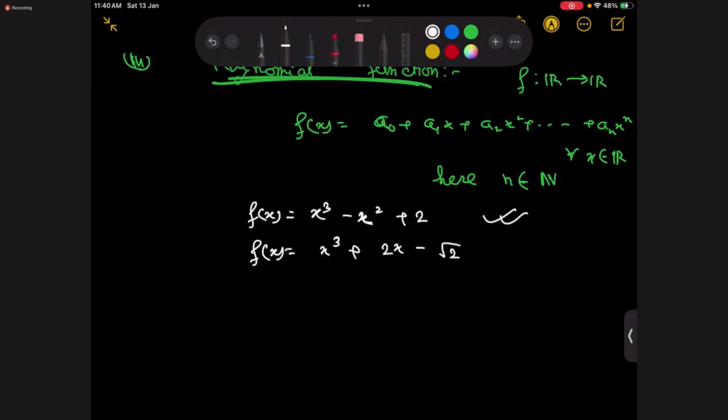This is also a polynomial. What about x cube plus root 2 x plus 5? Here we have taken the coefficients 5, root 2 and 1. So this is also a polynomial.